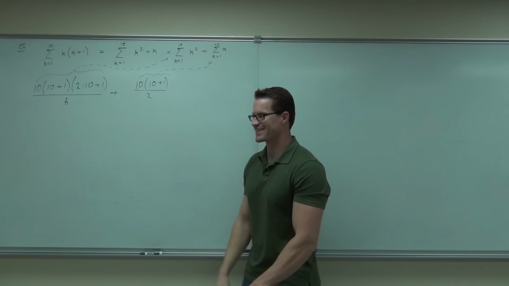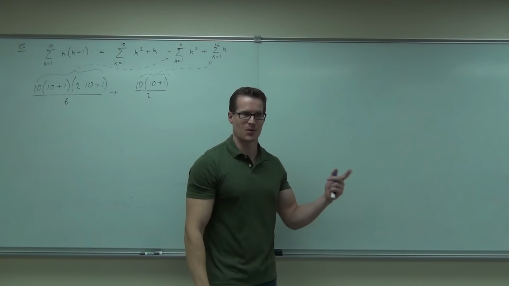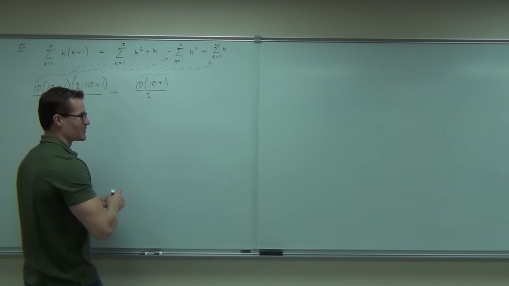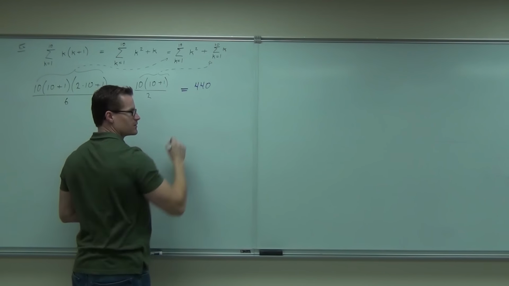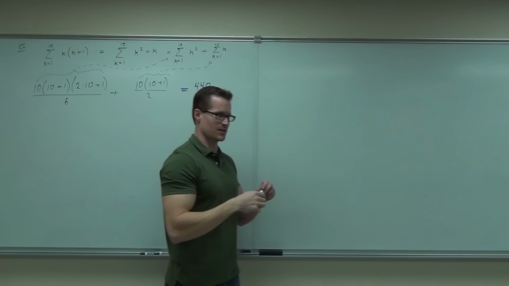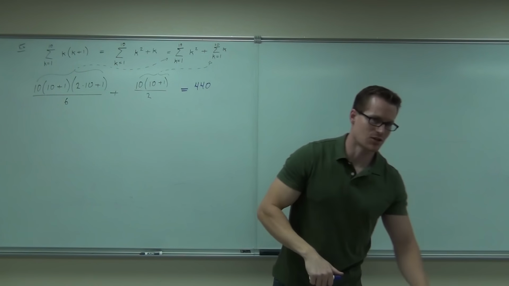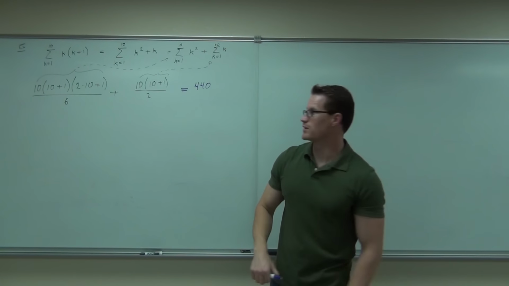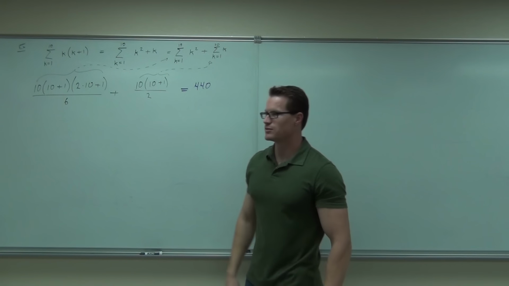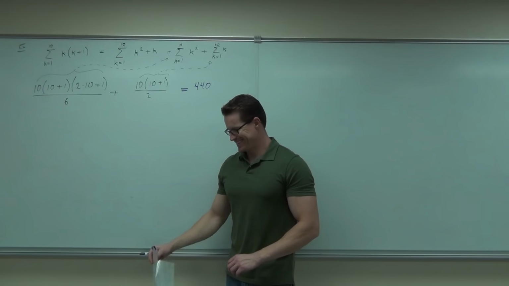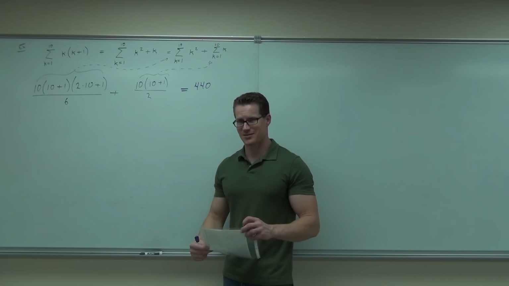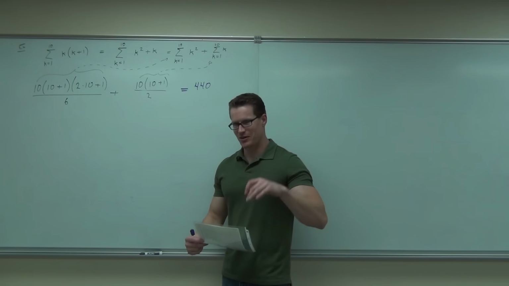If you didn't get 440, hopefully you're wrong, because that's what I'm putting on the board right now. The real answer is 440. I'm not changing it. Hopefully you got it right. People at home, check your work. 440?